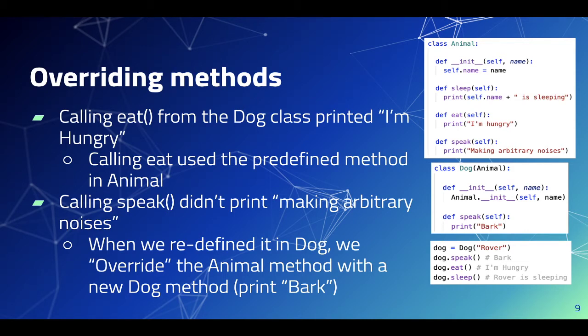And when we call speak, we do have that function in the dog class, so it prints that out. And when we call sleep, we don't have that function in the dog class, so Python looks at the animal class, and then we get the printing of self.name plus is sleeping. So in this case, Rover is sleeping.